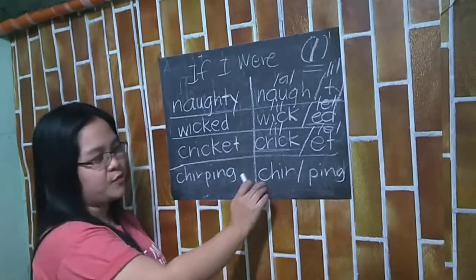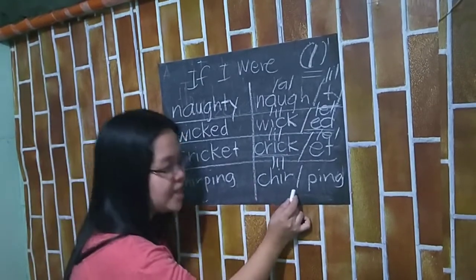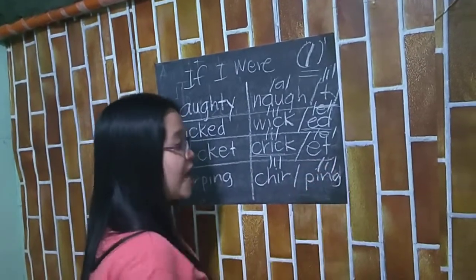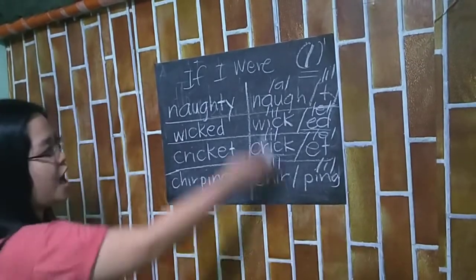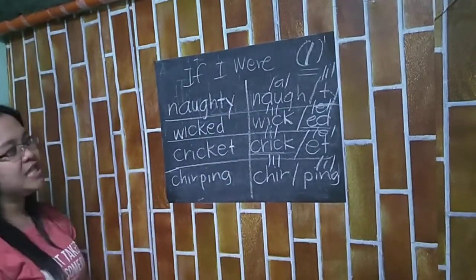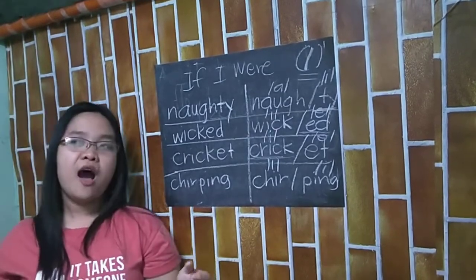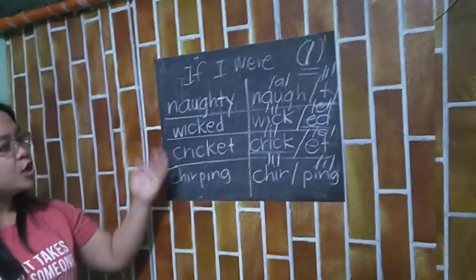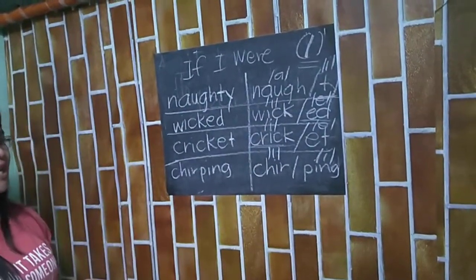Okay, very good. So, we have the sound E for the word chirp and the sound I for the word ing. So now, take a look at this one on how we break down these words on our right into smaller parts on the left. Okay?